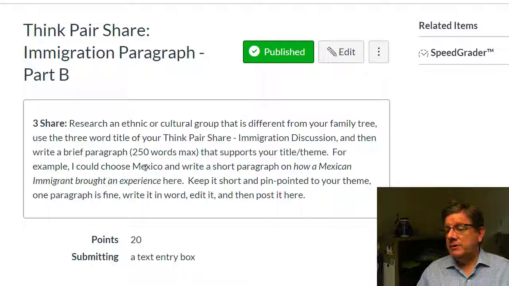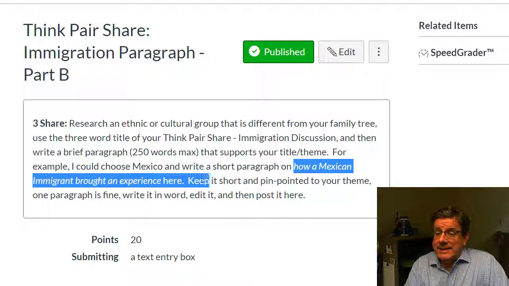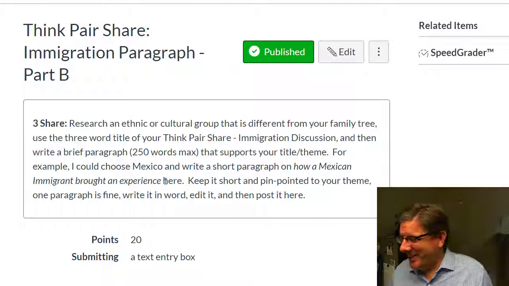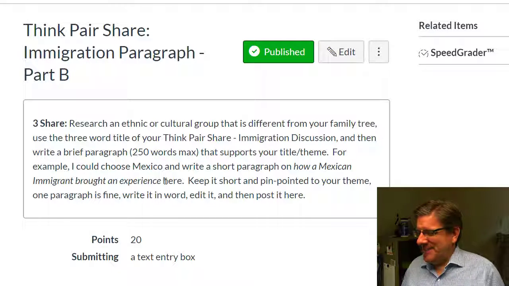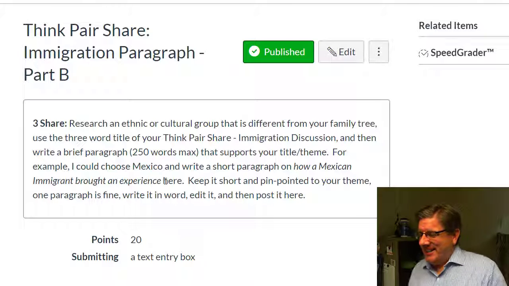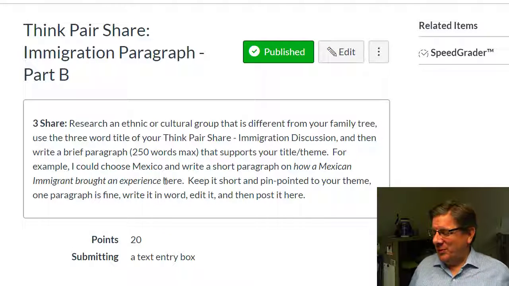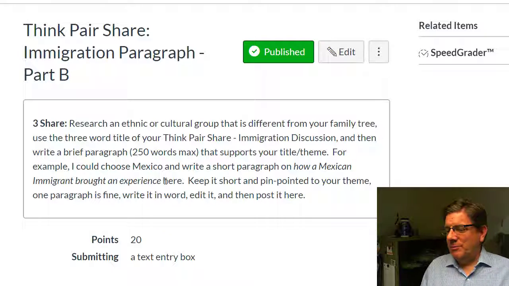So for example, I could choose Mexico, and I could write a short paragraph on how a Mexican immigrant brought an experience here. Now, obviously it's broad enough that you could choose any experience that someone brought over and shared here. You get as detailed as you want, you could be as broad as you want, but try to find an experience, and then it kind of gives you the title for the paper.